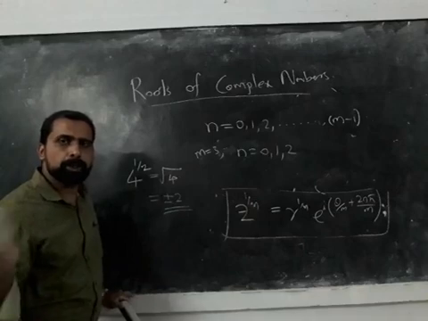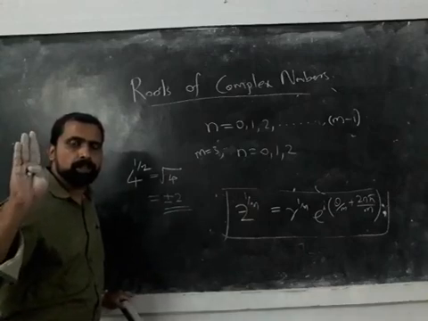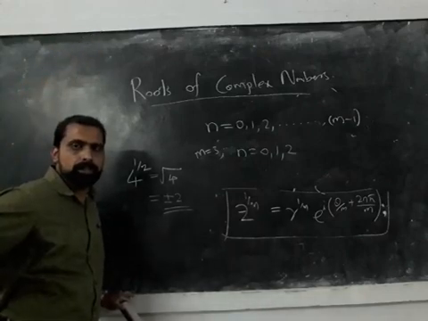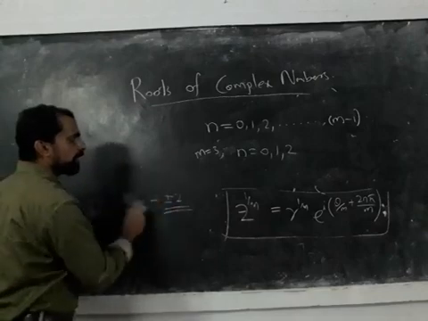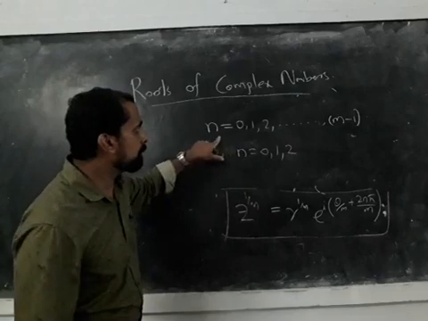If it is a cube root, you will get 3 values. If it is a fourth root, you will get 4 distinctive values. Sometimes they merge.